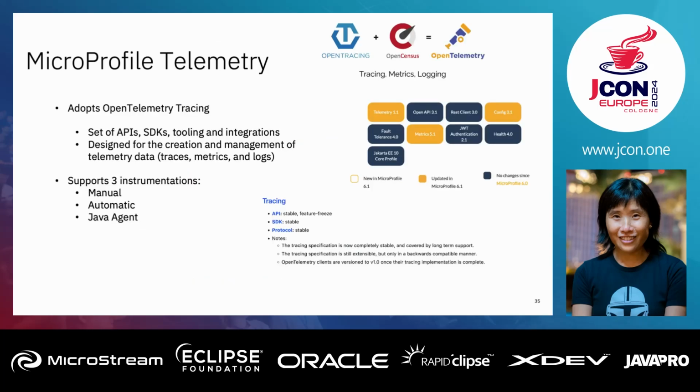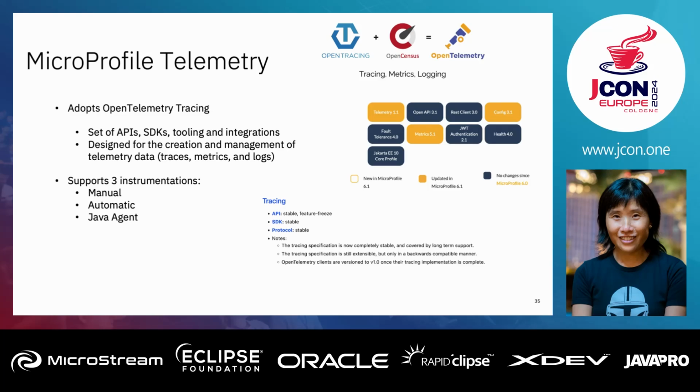MicroProfile Telemetry is directly based on OpenTelemetry. Who knows OpenTelemetry? Yeah, that's great. We didn't create any additional API. We directly pull them in, but we make it easy to configure and use.